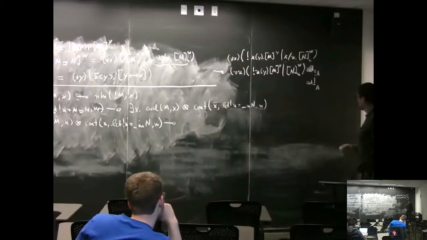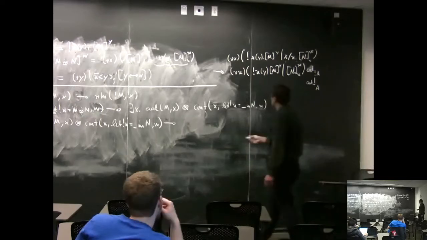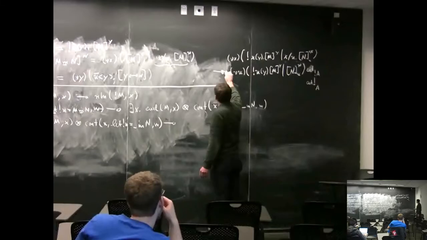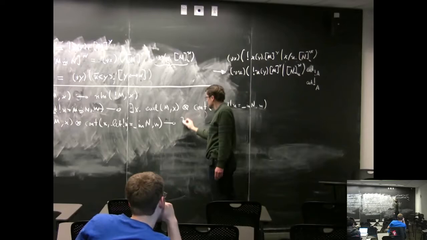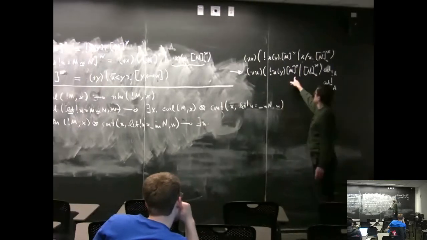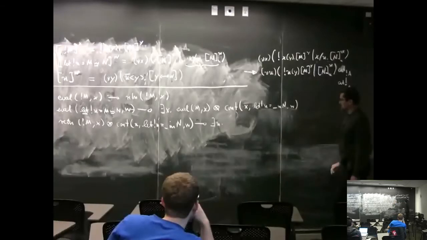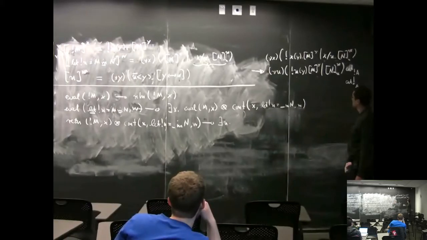So how do we translate that? We need a new u, so we do exists u. We need this part. What is that part?